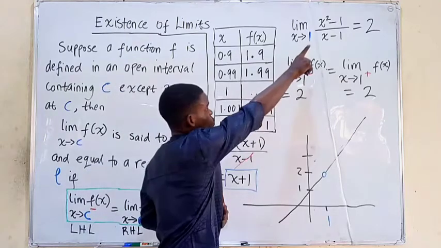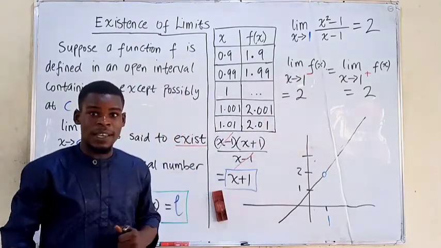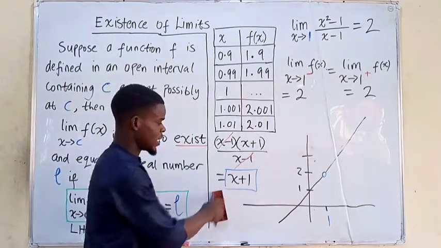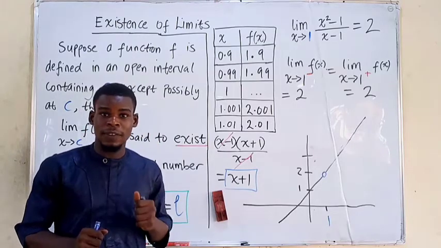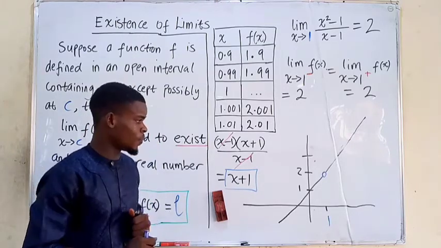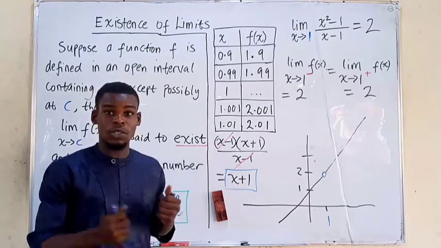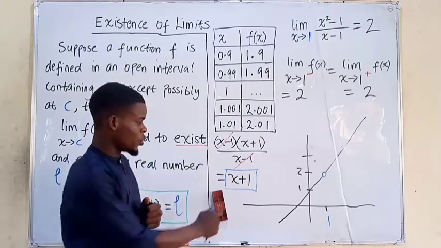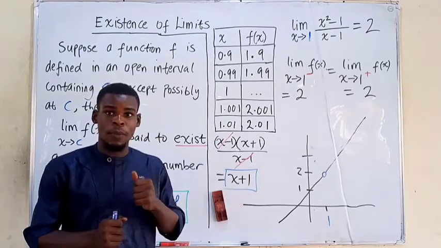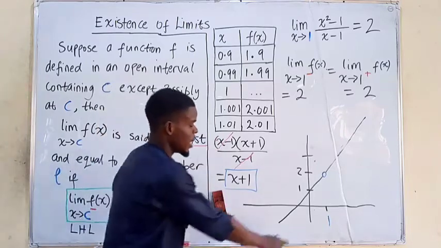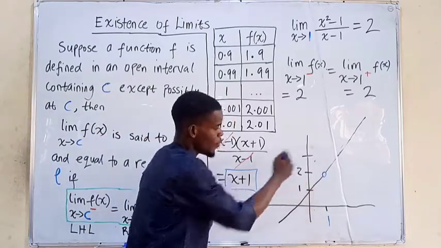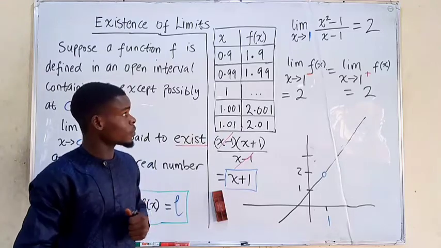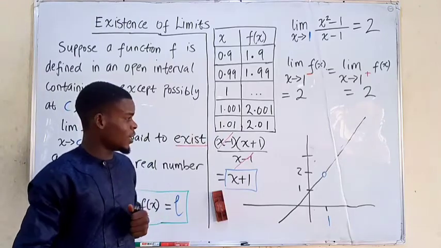So that function x squared minus 1 divided by x minus 1 has the same graph as the function x plus 1, but the difference lies in the domain of those two. So if you are given something like that, what you need to do is factorize it, and then you just substitute. But note that the function is not defined at 1. So the curve will look like this, except at 1. Great.